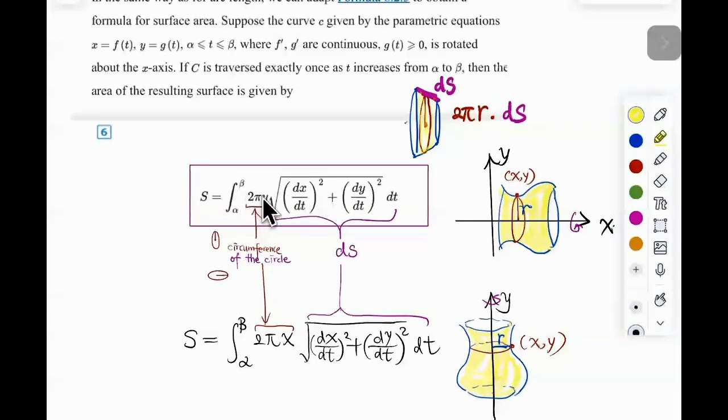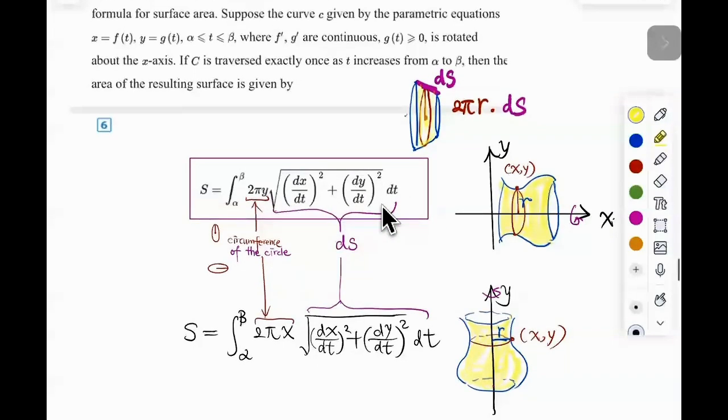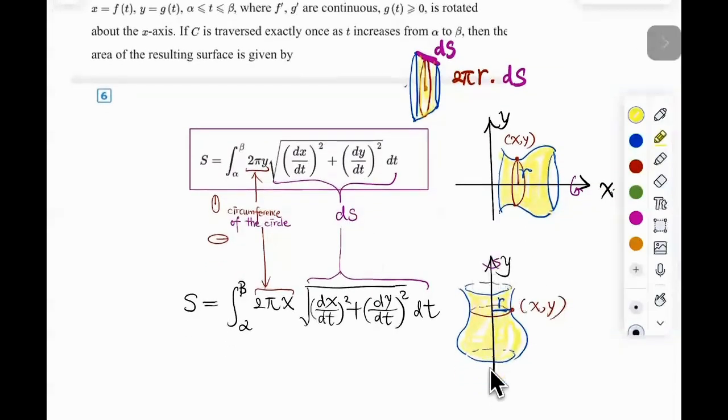So now you add up all those bands. The circumference here will be 2 pi r, and this part over here is the differential arc length. That will be the formula for that. Now, if you rotate about the y-axis, then the circumference of the circle is going to become what? 2 pi.